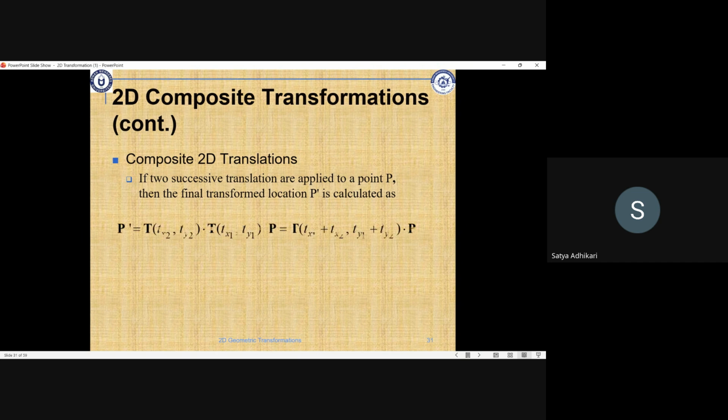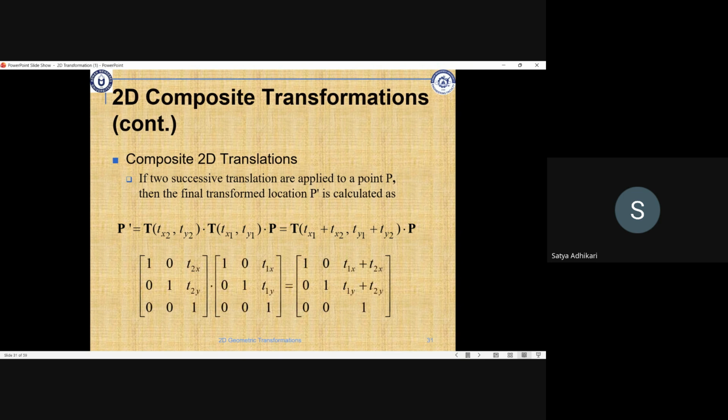So here you see we need not apply the two translations one by one. What to do? You simply multiply the two translation matrices, get a new matrix, and apply that to the point finally. So now A is directly transferred to C. You see 1 0 t2x, t2y 1.